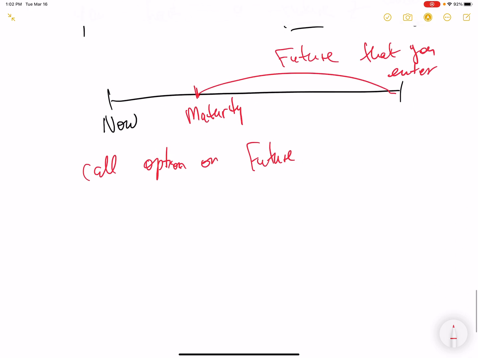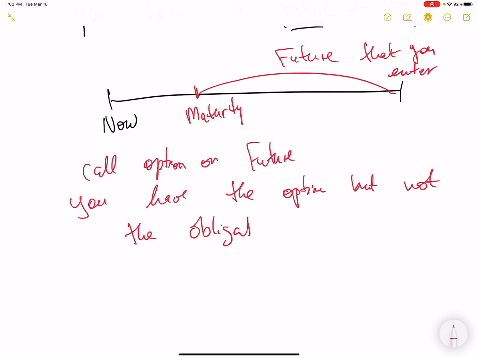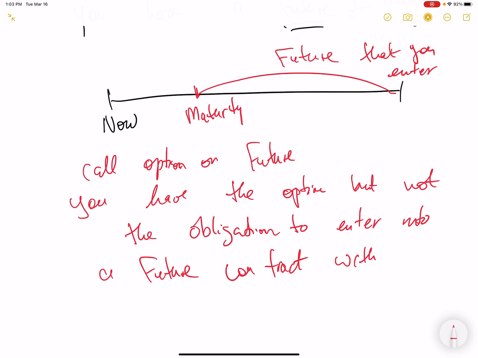It means that you have the option, but not the obligation, to enter into a future contract with a prescribed price as a buyer.